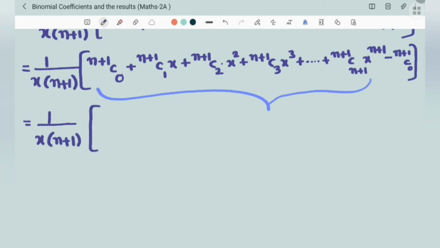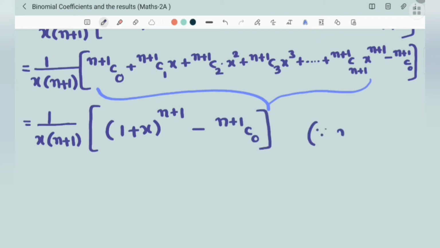So the flower bracket value will be considered as (1 plus x) whole power n plus 1 minus n plus 1 c naught. We know that n c naught is equal to 1. Similarly, n plus 1 c naught is also equal to 1. In the next step, it will become 1.